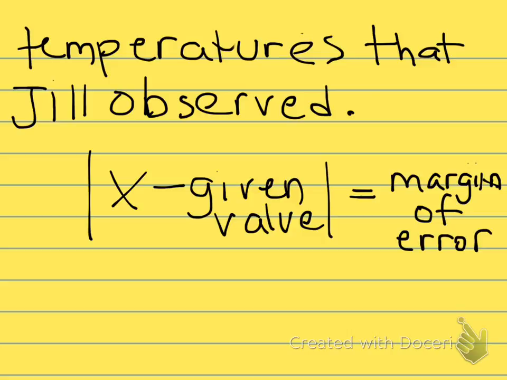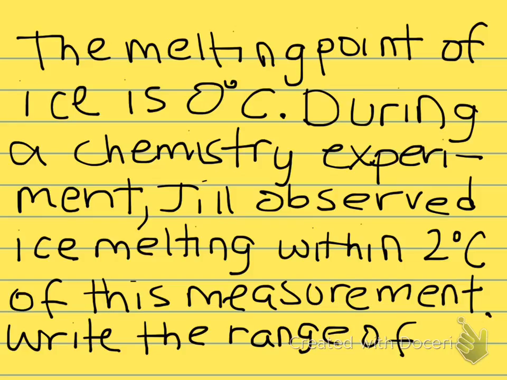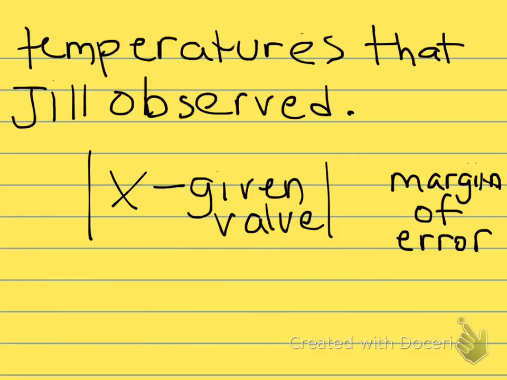And instead of this being equal to, we just need to change it to match the symbol that the problem has. So if we look at this, it says Jill observed ice melting within 2 degrees of this measurement. So if it's within 2 degrees, that means it needs to be less than or equal to 2. So when we set this up, this particular problem is going to have a less than or equal to symbol, which not all problems are going to have, but in this case, within, that's what it means.